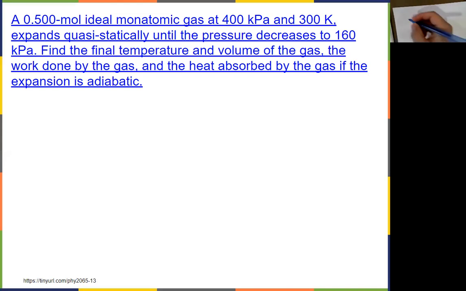So we are looking for the final temperature T2, the volume V2, the work done, and the heat absorbed by the gas. The heat absorbed by the gas should be 0, right? Because it says it's an adiabatic process. So that's something you can figure out automatically: Q is equal to 0.